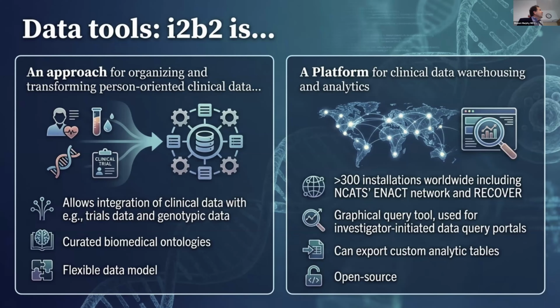There's over 300 installations now worldwide. It includes many big networks like ENACT and NIH Recover. It's got the graphical query tool, which we'll all be experimenting with. It can now export custom analytic tables. And the assumption is that the data exports are always with IRB approval.